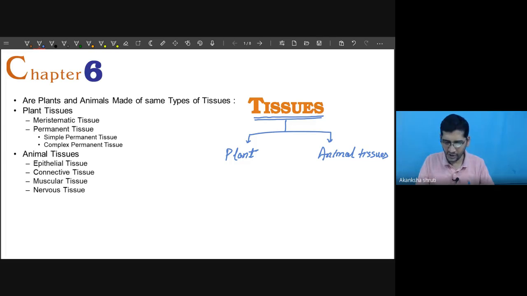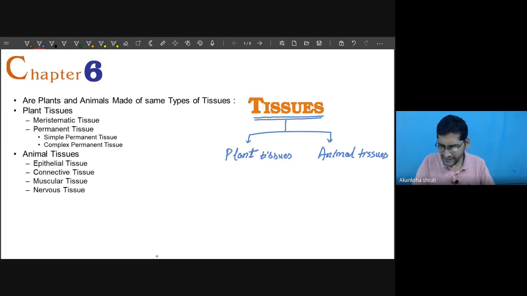So tissues are not required there. But for complex organisms like a big plant or any complex animal, even for the ant or even for human or birds, tissues are there. Students, so we have to learn about plant tissues and animal tissues.